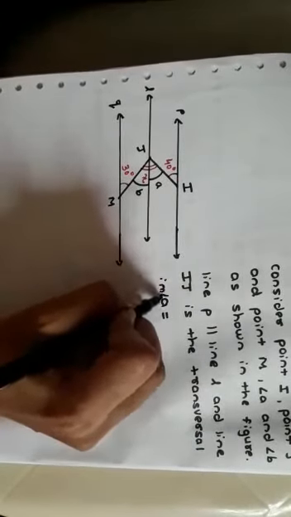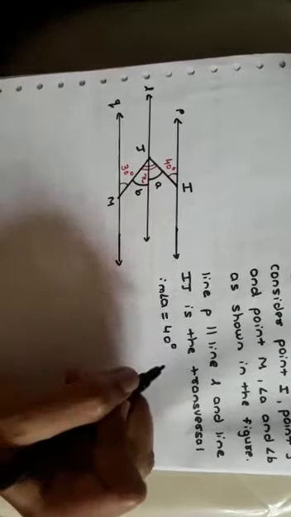Therefore, measure angle A is 40 degree. The reason is alternate angles.